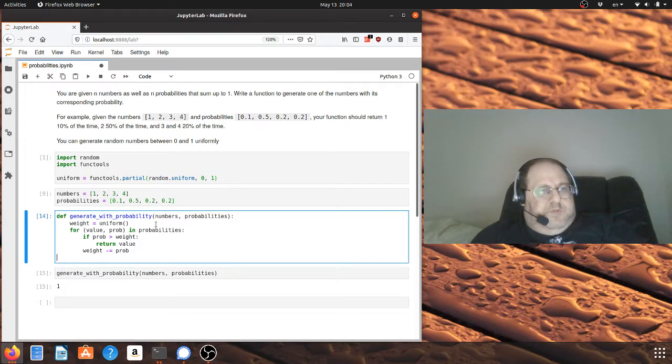And then we should never get here. If we got here, you notice that all these numbers sum to 1, and uniform always has to be less than 1. So raise ValueError if weight is greater than 1, and we'll give the last weight.